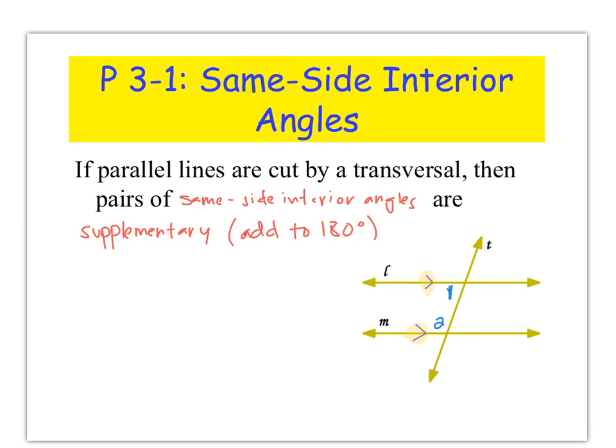Those two angles are same side interior, so the measure of angle 1 plus the measure of angle 2 equals 180. And my other pair, 3 and 4, same thing. The measure of angle 3 plus the measure of angle 4 also equals 180.